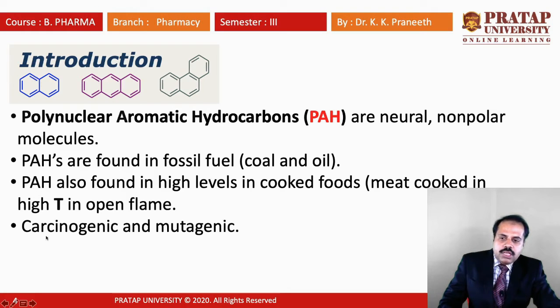And importantly, they are carcinogenic and mutagenic, so they are not good for health. If you consume them, it is not good. These are the important properties of the polynuclear aromatic hydrocarbons.